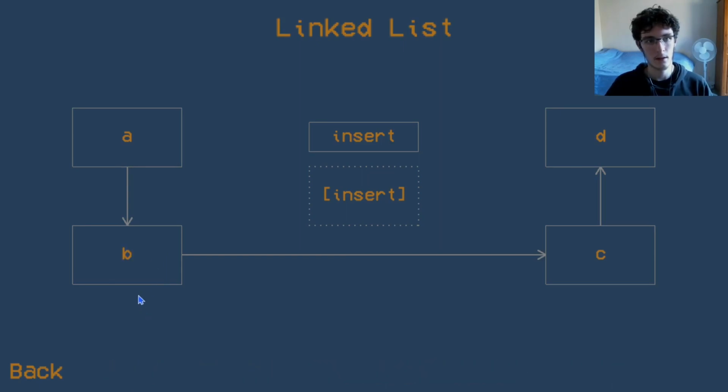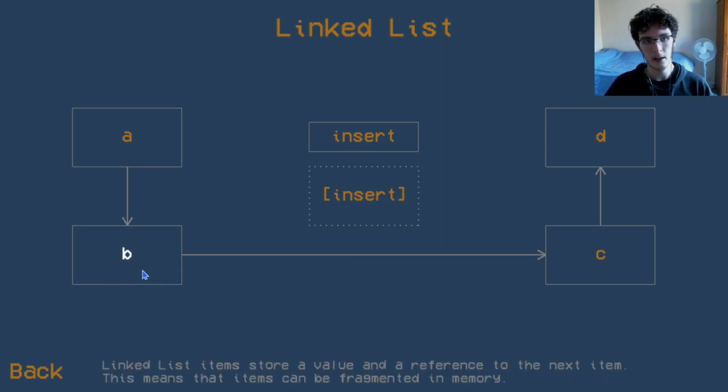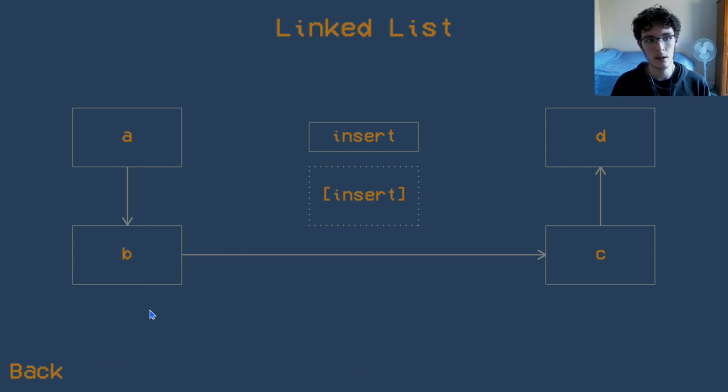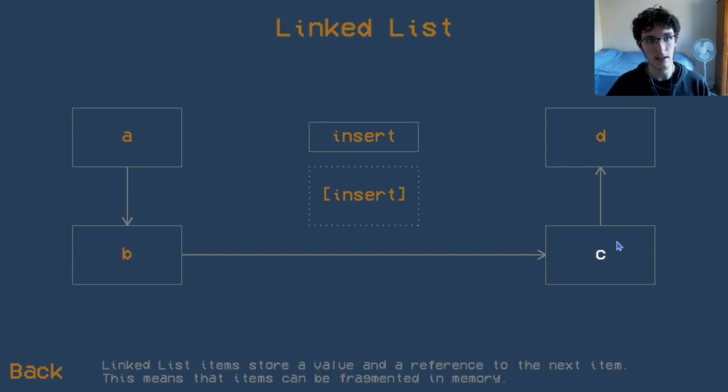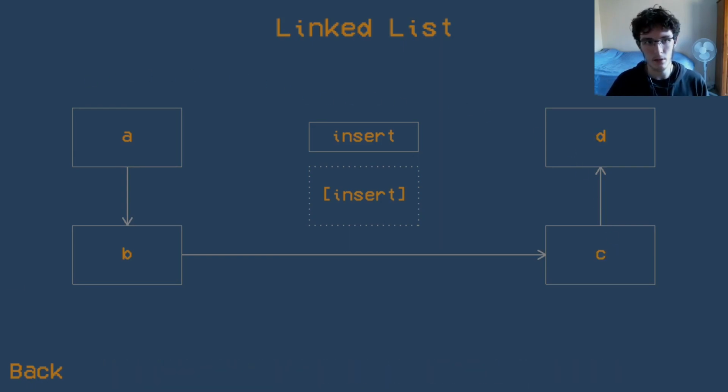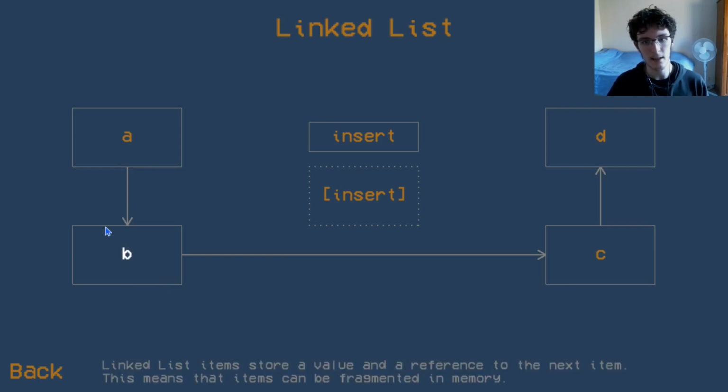So in a singly linked list, if I have a reference to B, I can access C, because I just go to the memory address where the next item is. I can do that because I have access to the next. I don't have access to A. I have access to A via the collection, but not via my reference to B. I could change that if I had a doubly linked list, because I would also have a previous memory address.